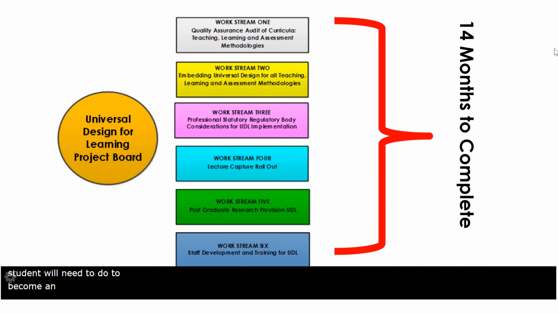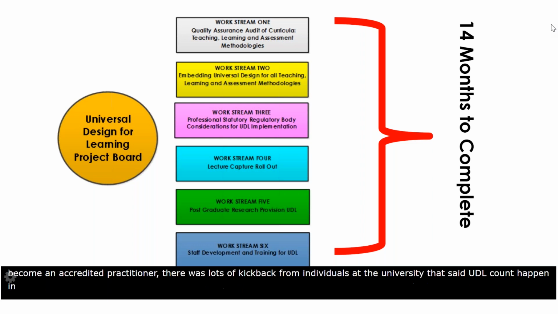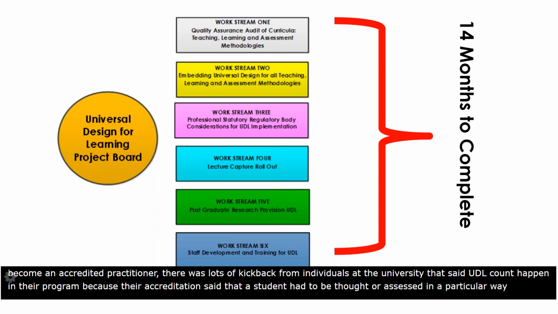There was lots of kickback from individuals at the university that said UDL couldn't happen in their programme because their accreditation said that a student had to be taught or assessed in a particular way. De Montfort University has in excess of 40 accredited bodies.